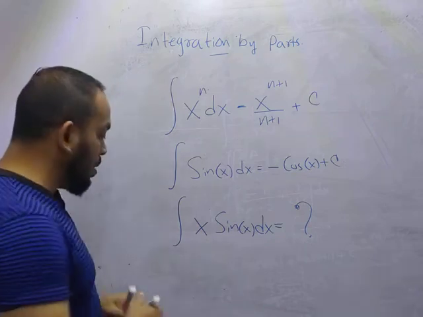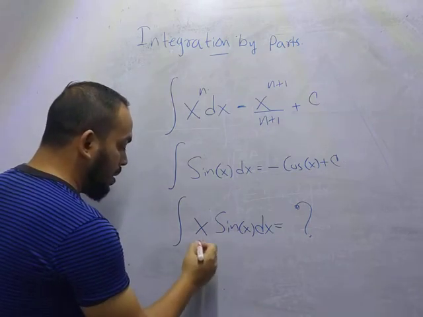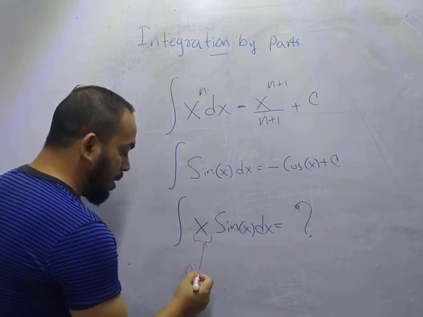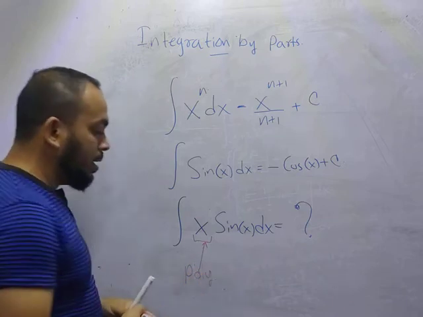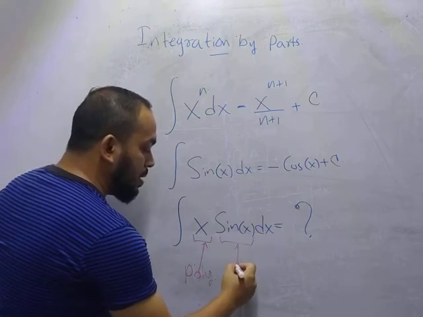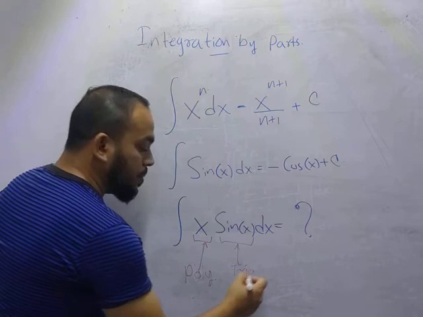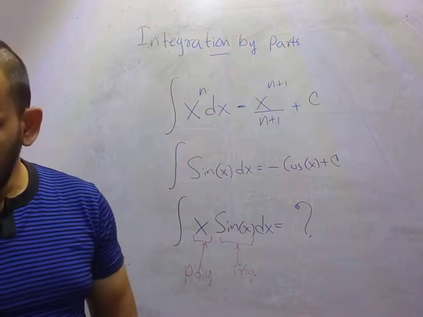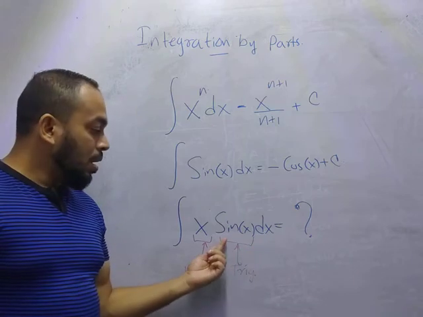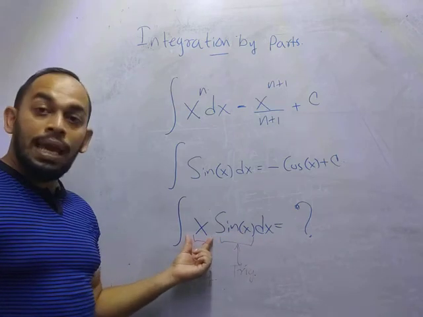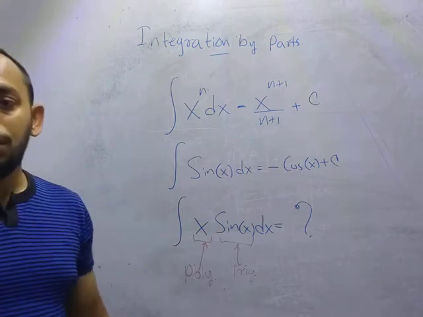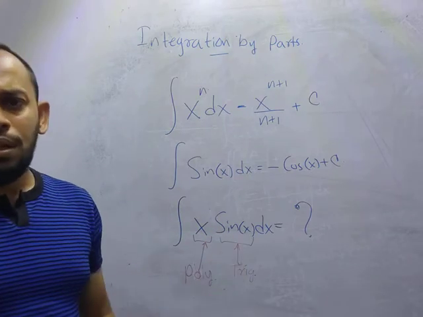This part is the polynomial, let me call it poly. Then this part is trig, which comes from trigonometry. Here you have a product of sine x with x, a product of two different functions. Now we don't learn this under standard integrals.